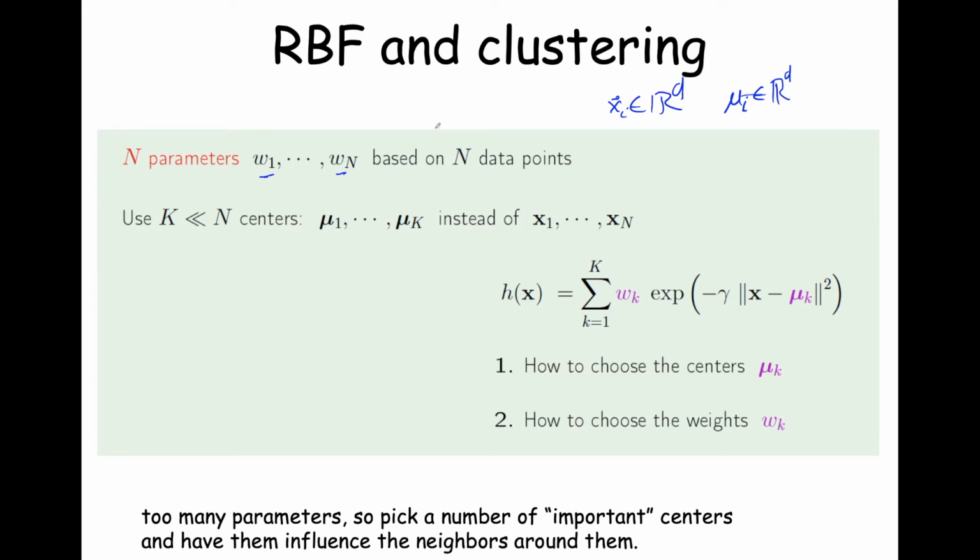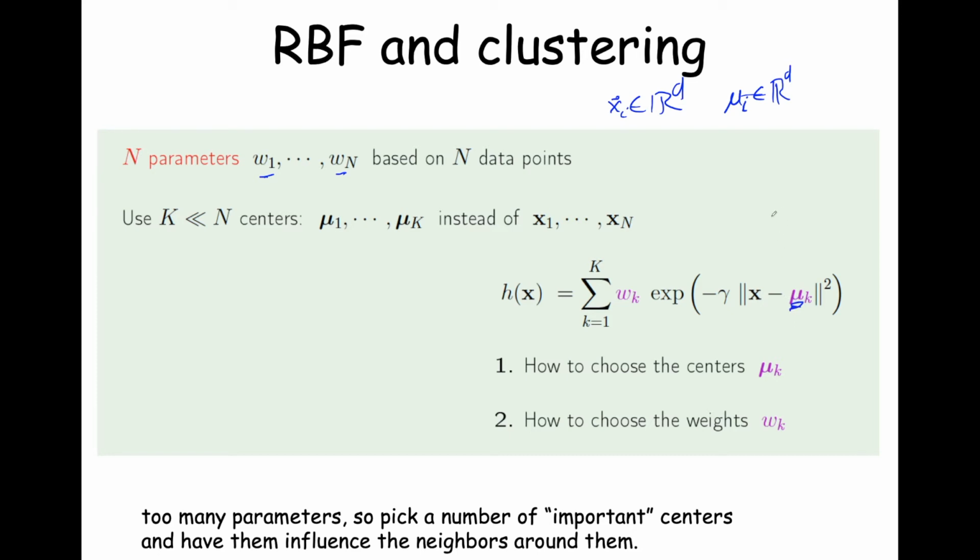And so now our radial basis function, in using these K centers, mu1 through mu K, instead of our N many in-sample points as the center of the radial basis function, we get the following definition of our working hypothesis. We say h of x is the sum, now you're summing over the number of centers, of our weight w_k, and then we have our radial basis function modulated by gamma, and then we have x minus each one of the centers.